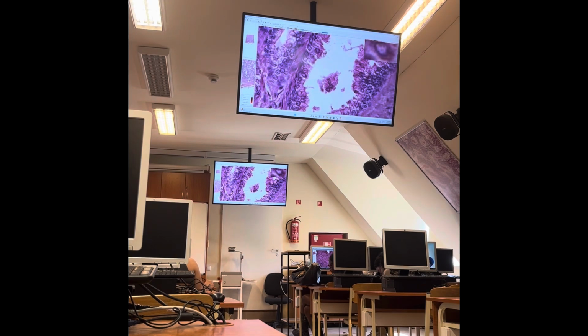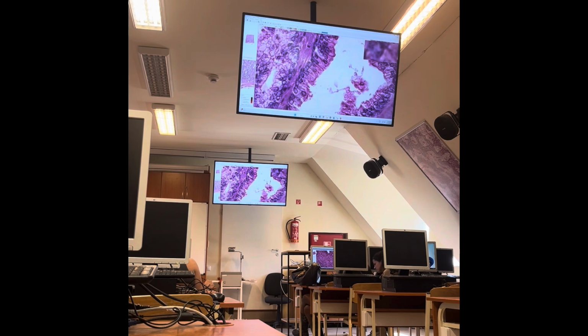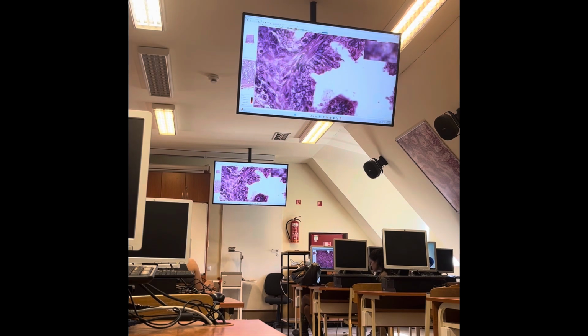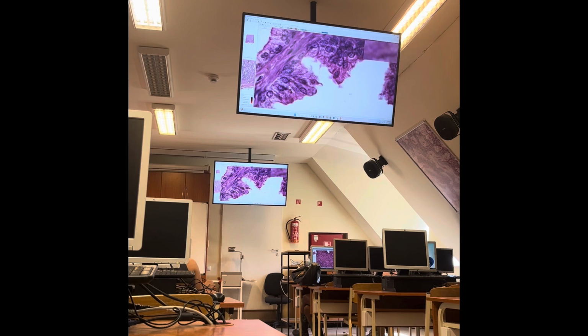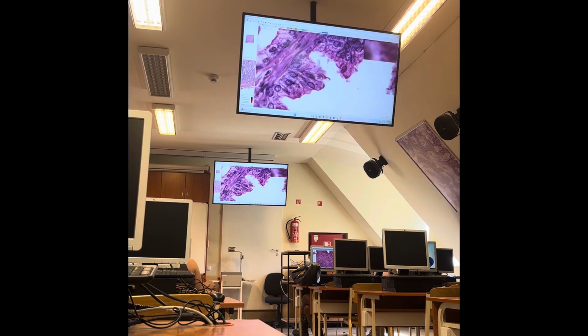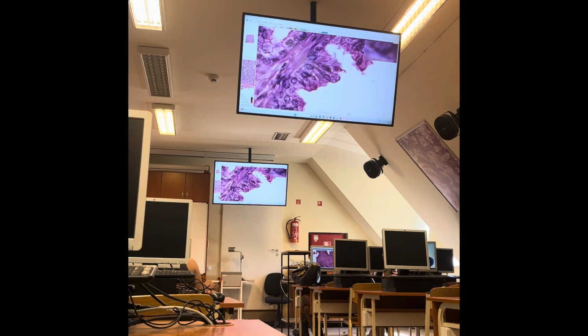So there are some shorter cells, even sometimes in some areas of the lining epithelium you can see low cuboidal cells, like for example here, and then gradually taller cells, cuboidal, columnar cells, and sometimes pseudostratified epithelial areas you can also recognize with basal cells and tall secretory cells.